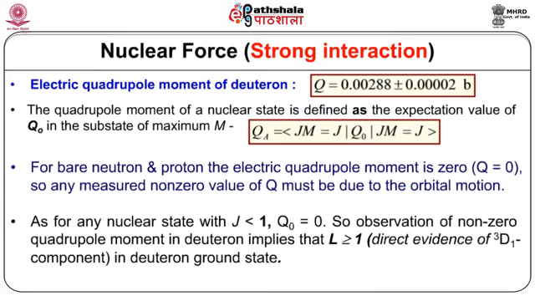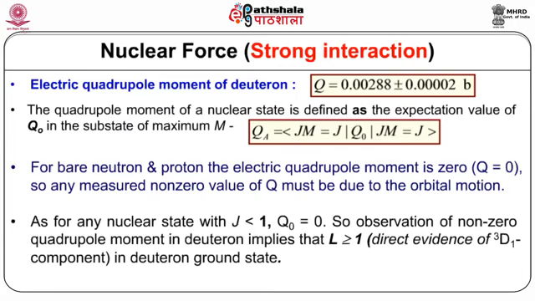For any nuclear state with J less than 1, Q_0 is equal to 0. So the observation of a non-zero quadrupole moment in the deuteron implies that L is greater than or equal to 1, which is the direct evidence for the 3D1 component in the deuteron ground state. In this slide, what we have learned is that experimentally the deuteron is found to have some quadrupole moment, and from quantum mechanical theory we know that for any state with J less than or equal to 1, the quadrupole moment is 0.